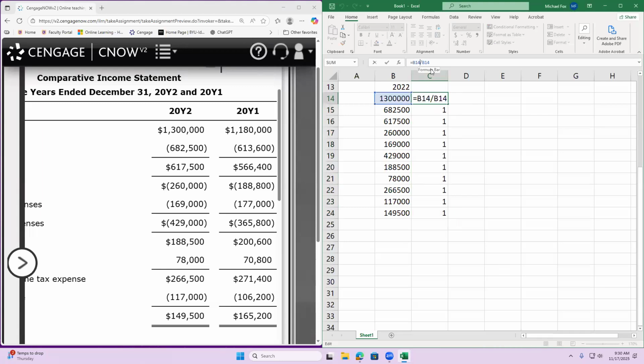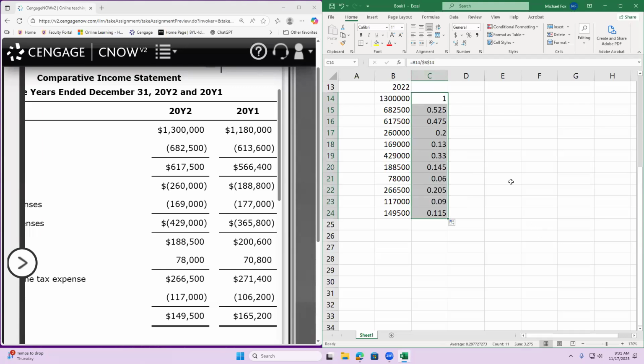So if I put dollar signs on either side of that B on the denominator, what that means is, hey, when I fill this down, keep adjusting the cell reference on the numerator, but lock in the cell reference at B14 on the denominator. That's what those dollar signs are telling Excel. So now when I grab my little pin and pull it down, it gives me the percentages.